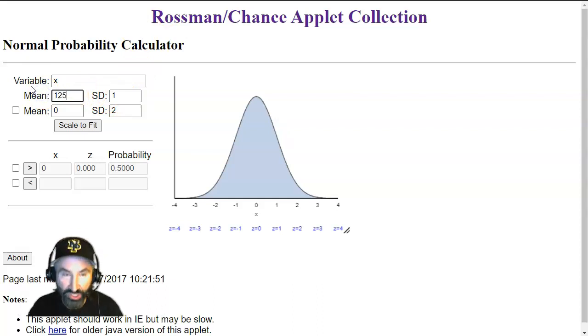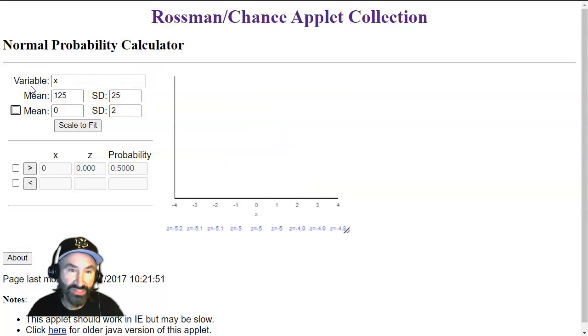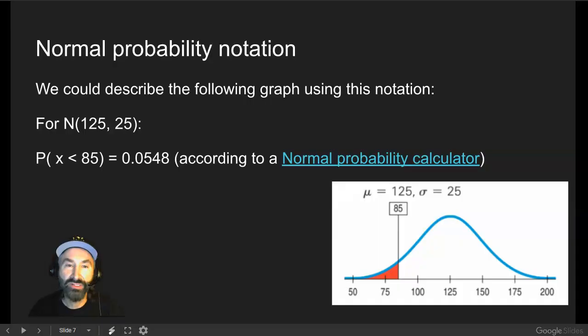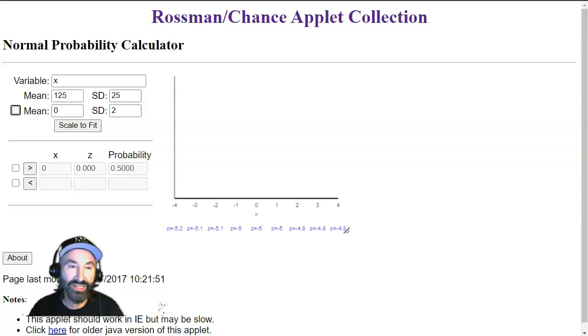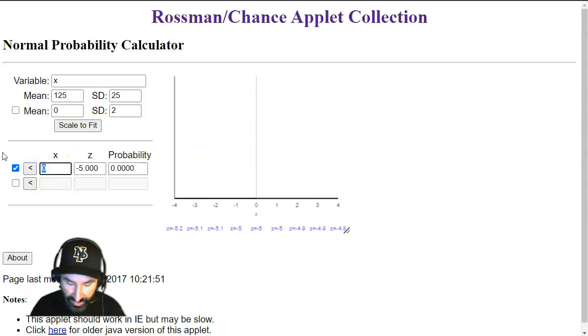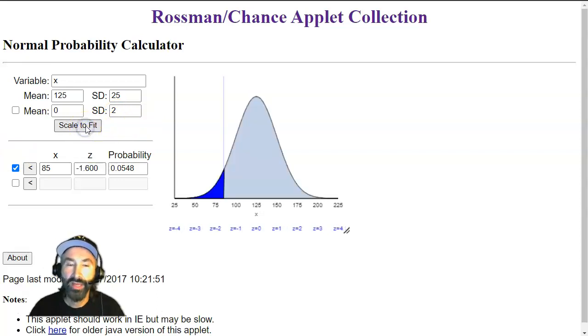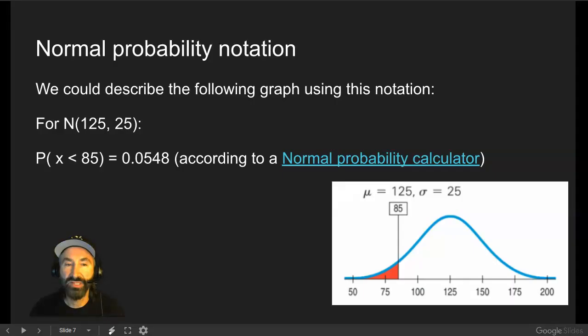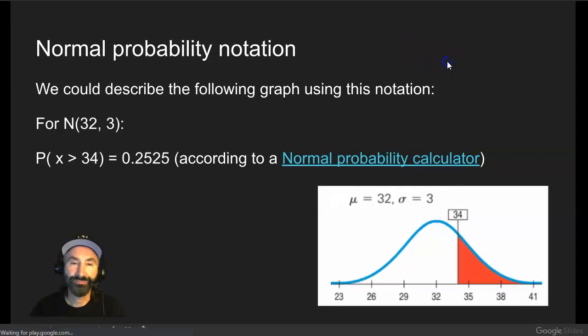So we'd have to change these in order to use this calculator. And then we would say x is less than 85. So I would change that around, check this box, put in the x of 85. And one last thing with this particular calculator, I would press the scale to fit button. And voila, I get the probability, and then I can use that to answer my problem. Neat, huh? Okay, let's keep going.